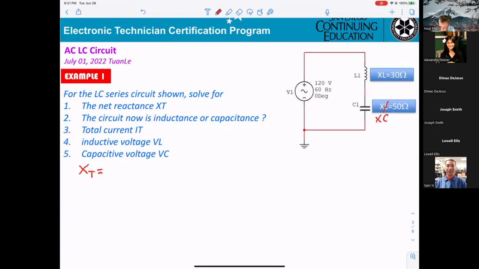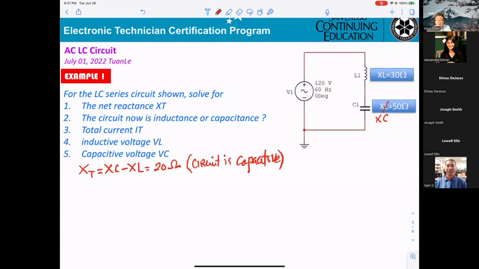Okay, so XC is greater than XL. 50 minus 30 is 20. Equal 20. So in circuit A, it is capacitive. You know why?